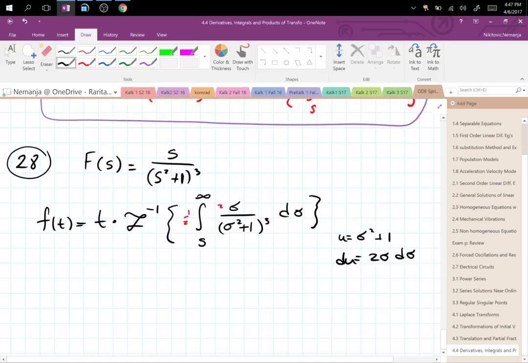I don't have a 2, so I'll fix that with 1/2 and 2 in the integral. And what we get is t times the inverse Laplace of, now we have the limit, well, let's not forget 1/2.